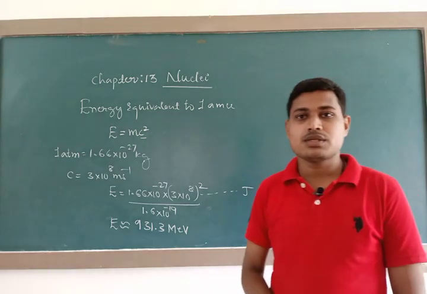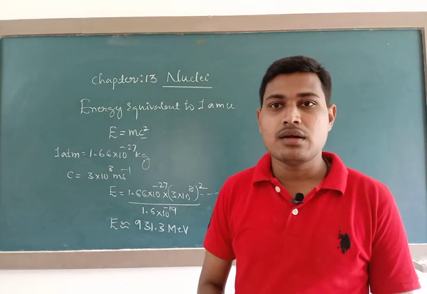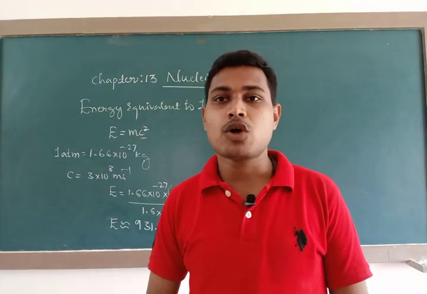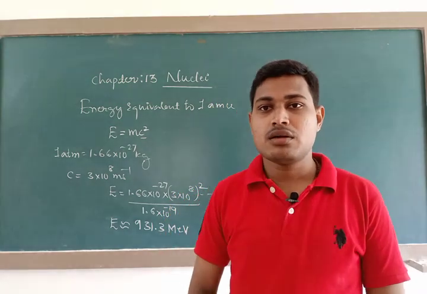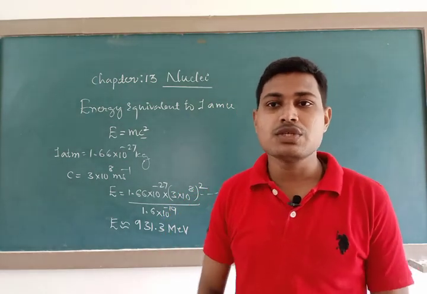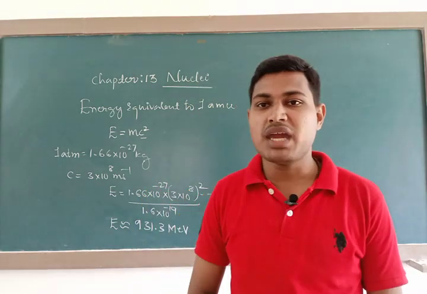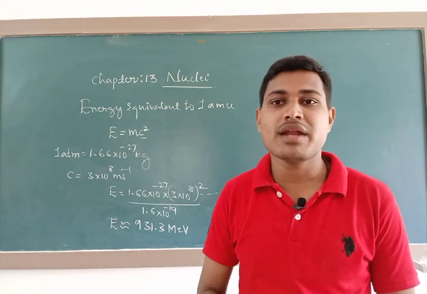Is it clear? So this is our today's class. And in my next class, I am going to continue with the topic of mass defect and binding energy. You can go through this chapter. If possible, make a note of this concept and try to write the notes.